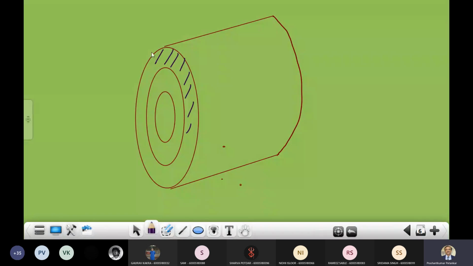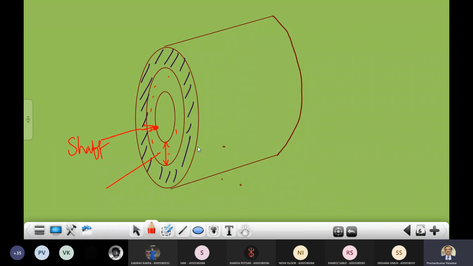This one is your shaft. And this is the radial thickness, the gap between the radii, the difference in the radius of the shaft and that of the bush. This is the space that has been filled with your lube oil.